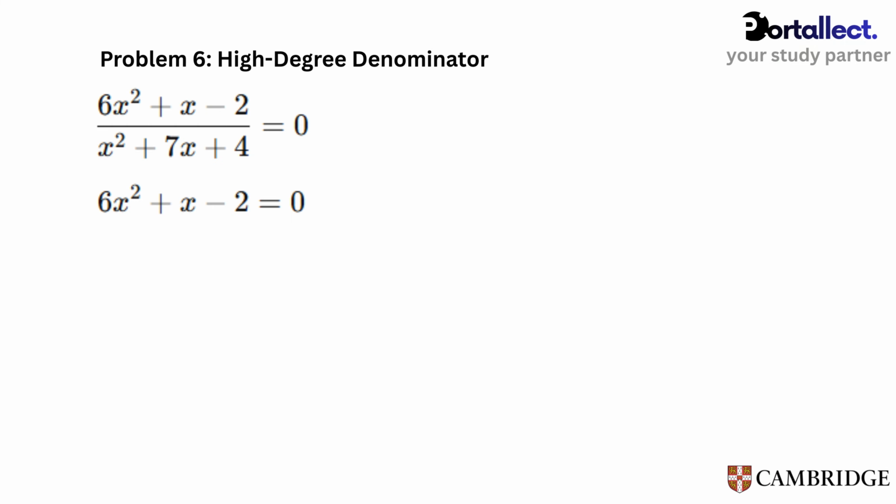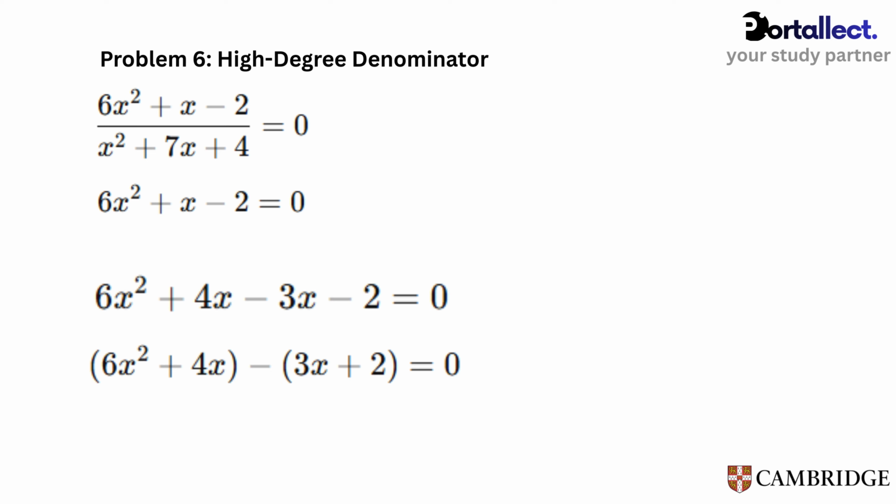Now watch the middle term. We rewrite 1x as 4x minus 3x, giving us the four-term equation 6x squared plus 4x minus 3x minus 2 equals 0. Next, we factor by grouping. From the first two terms, we pull out the greatest common factor, 2x, which leaves us with 3x + 2.